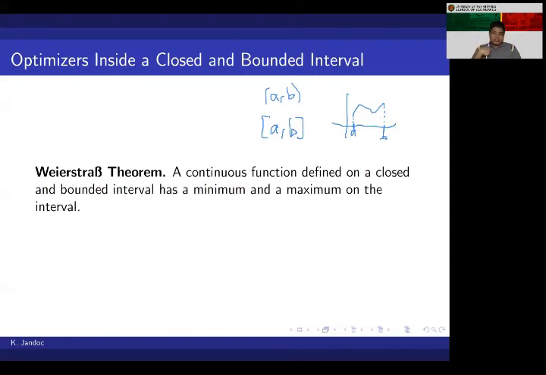Formally, a continuous function defined on a closed and bounded interval has a minimum and a maximum on the interval. So you're guaranteed that a minimum and a maximum exist.